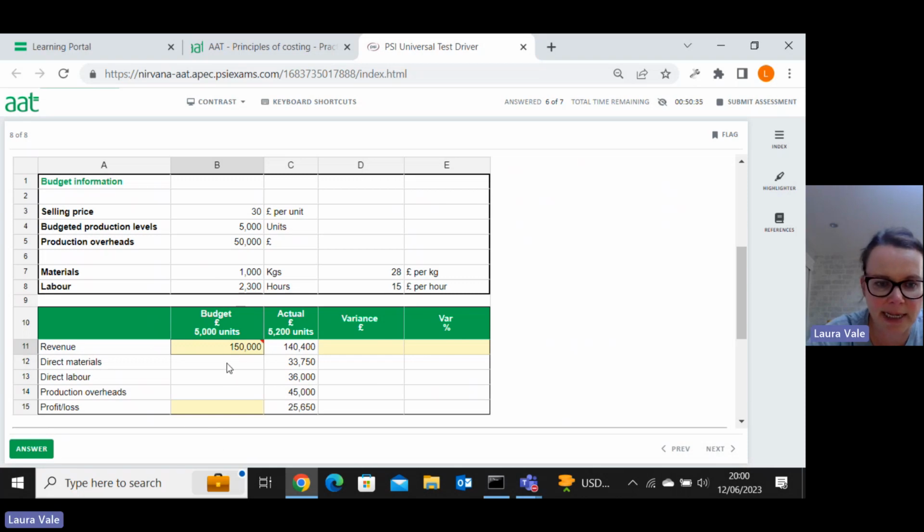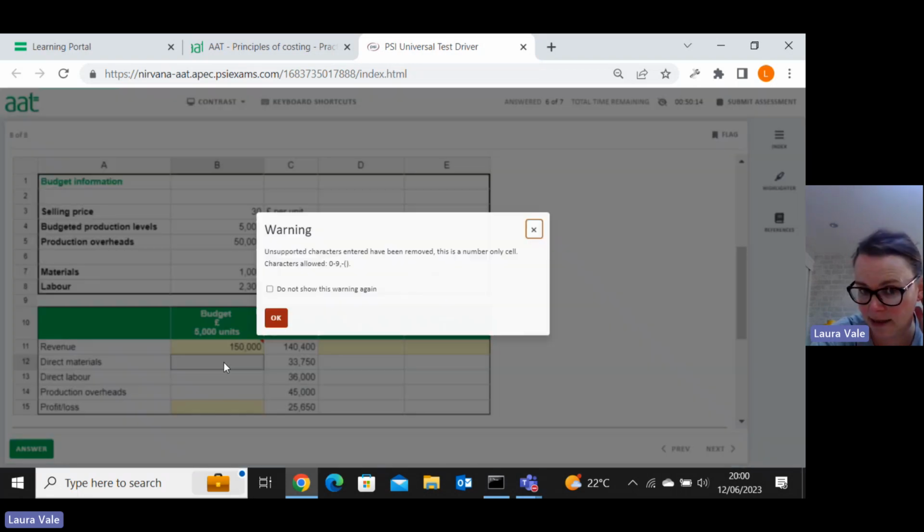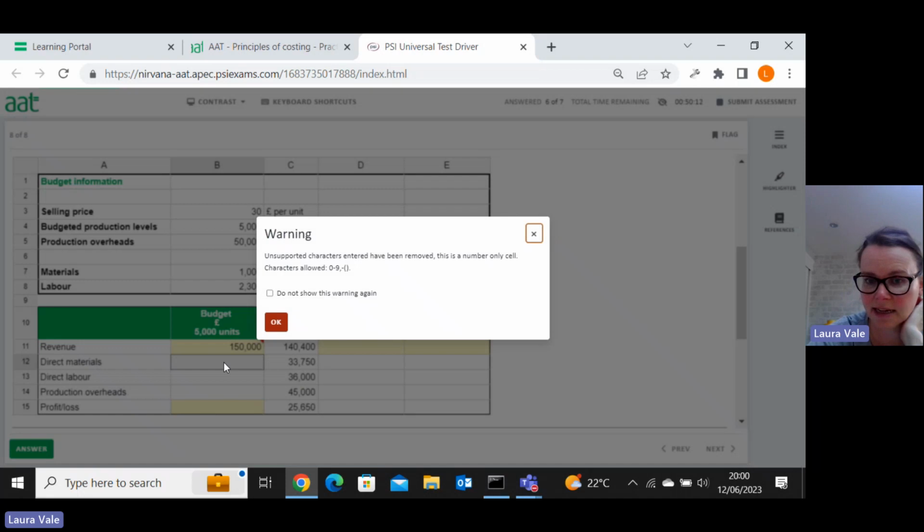So let's go down the way. So direct materials is going to be 1,000 kilos at £28 per kilo. That doesn't want a formula in here. Out of interest, if I try to do it, will it let me? If I go equals B7 times D7, enter, it's saying it doesn't like it.